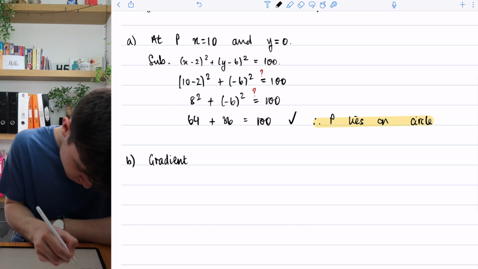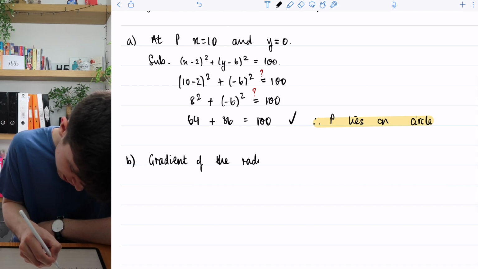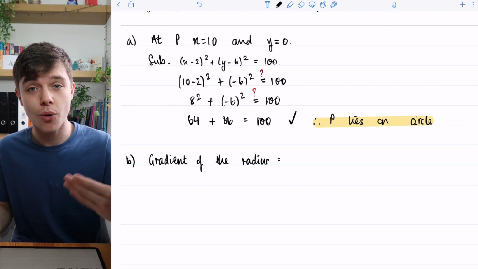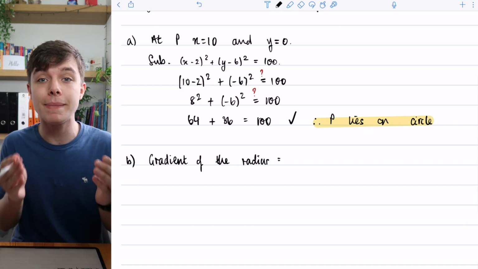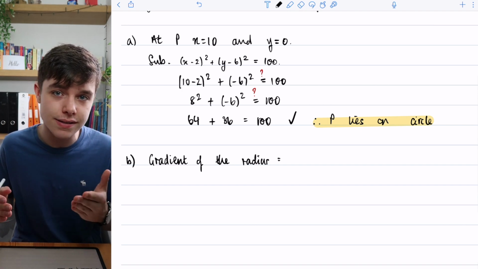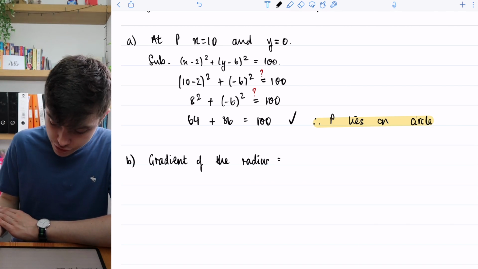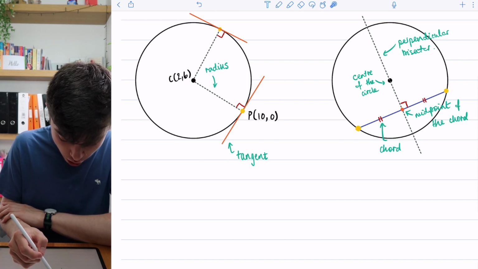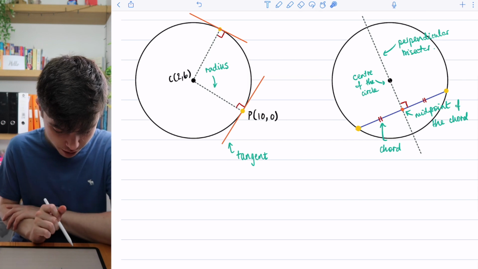Gradient of the radius. The reason we're going to do this is because then we can work out the gradient of the tangent, which is what we need to work out the equation, because the radius and the tangent meet at a right angle. So like I said at the start, we can do the negative reciprocal. So the gradient of the radius, we'll take P from C because we've got a 0 here.